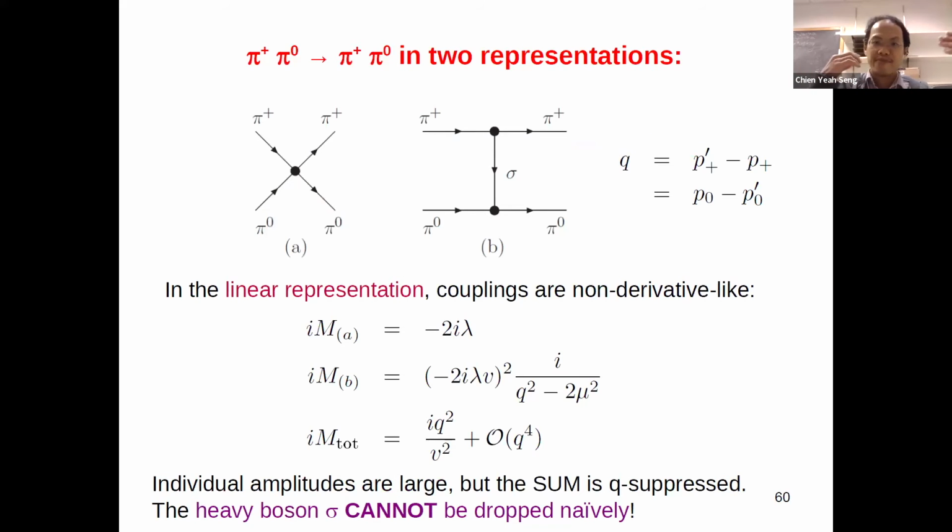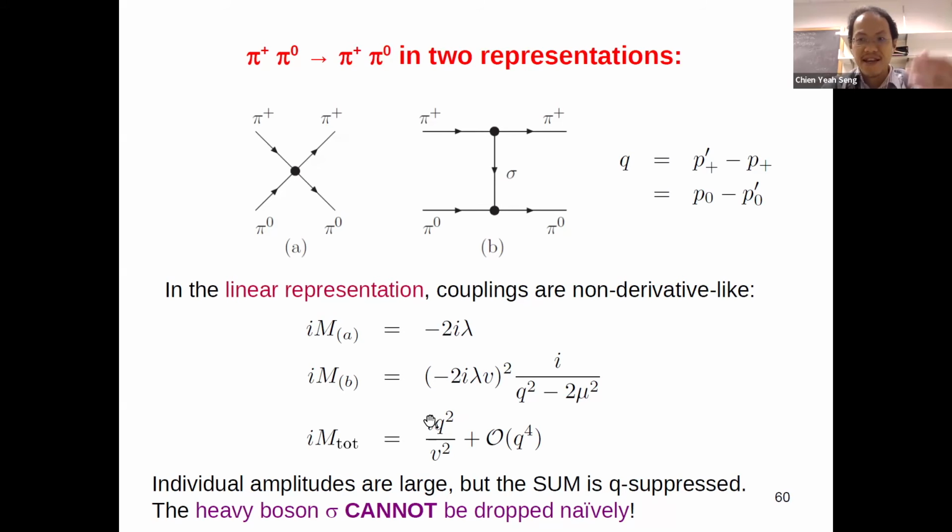For instance, you can compute the pi to pi scattering using the two representations. In both representations, you have to compute two diagrams. First, you have the direct interaction, and also you have the interaction by exchanging a small sigma. In the linear parameterization, you find that both Feynman diagrams give you a large result, but when you add the two Feynman diagrams, they largely cancel and give you a total result which is suppressed by the small momentum of the pions.